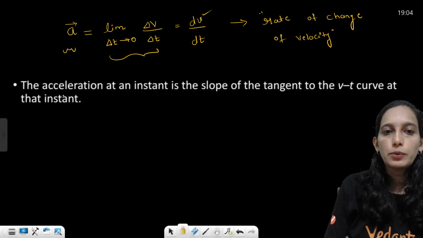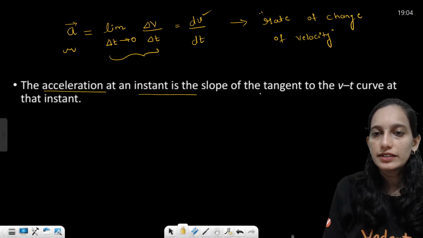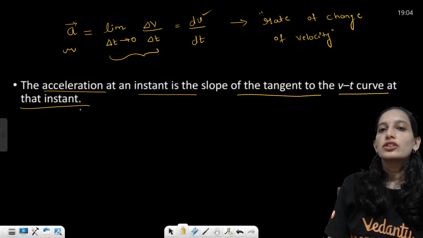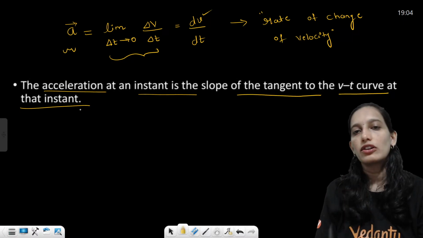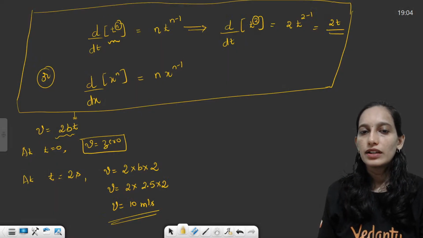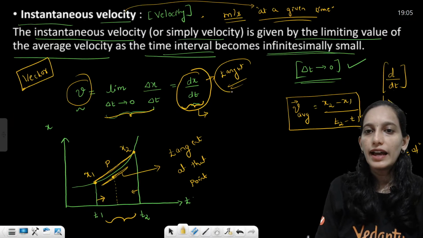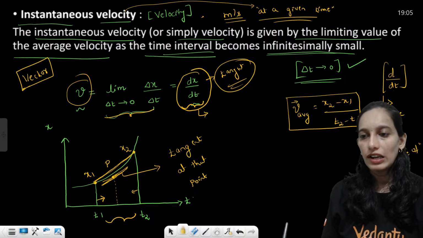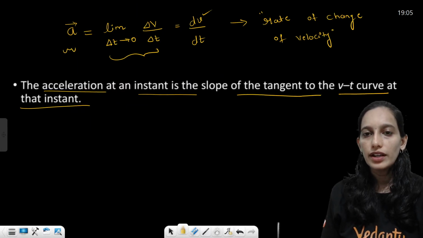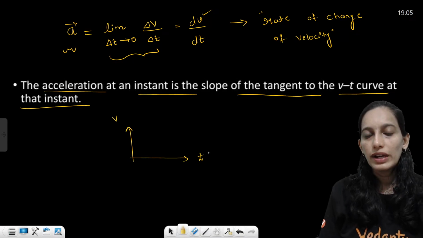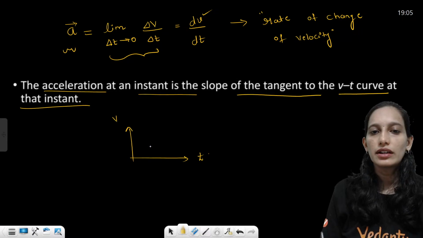Okay, so the next point is acceleration at an instant is the slope of the tangent to the vt curve at that instant. This is very similar to what we learned for velocity. For velocity, I said dx by dt is nothing but the tangent to the position time graph, which gives us velocity. Similarly, if you plot a vt graph, velocity with time, some kind of velocity variation, it need not be a straight line.